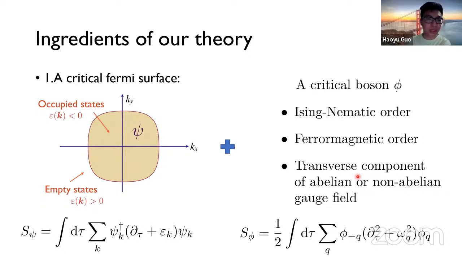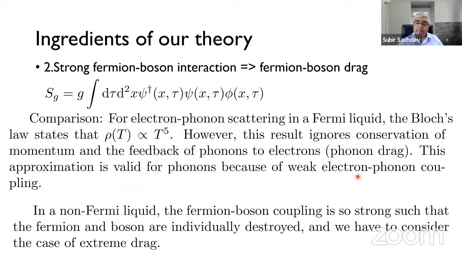Okay. So the second thing we need for our theory is to couple the fermions and the bosons strongly with some strong interaction. For example, the toy model people usually write down is a Yukawa coupling between the fermionic field and the bosonic field.